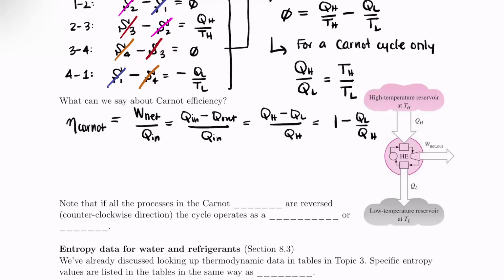But we also just showed that QL over QH is TL over TH. So we can substitute that in here, and we can also rewrite this as the following. So we can say this is also 1 minus TL over TH.